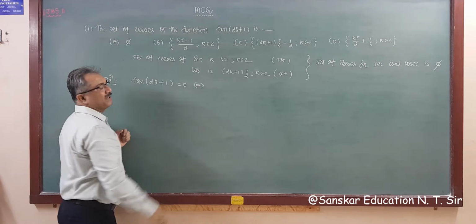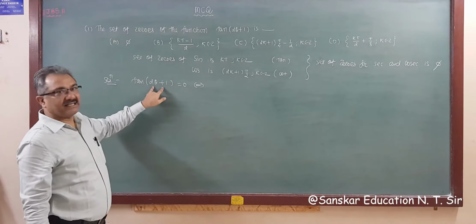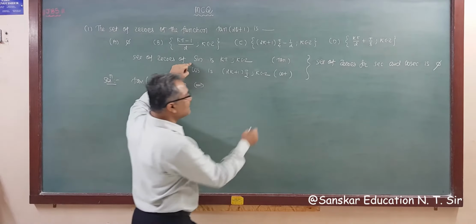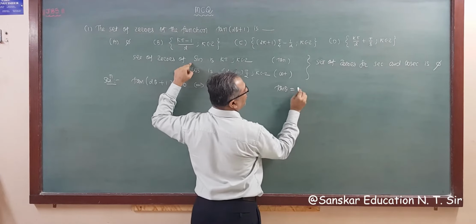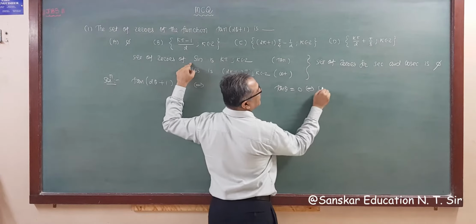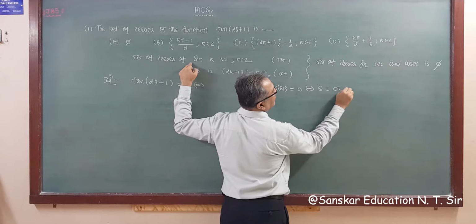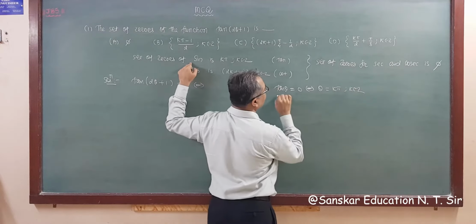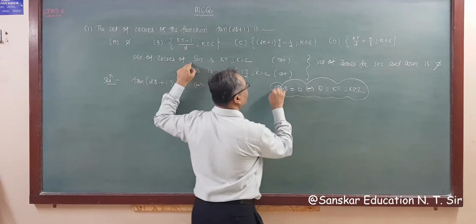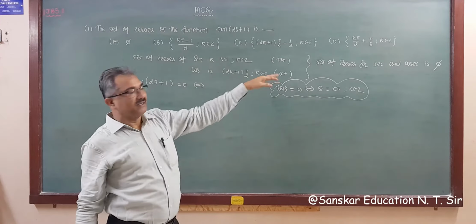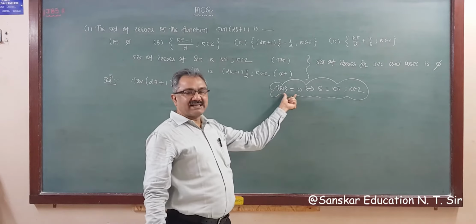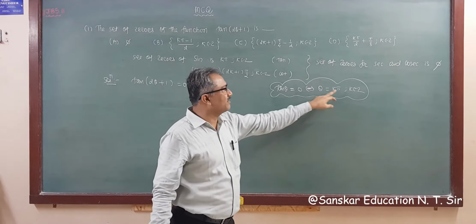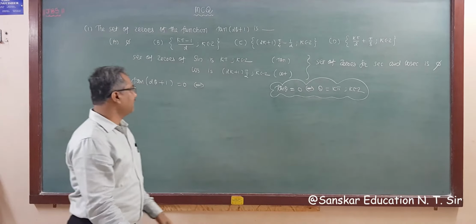If sin x is equal to 0 then x is equal to k pi; similarly tan theta is equal to 0 implies theta is equal to k pi, k belongs to Z. This is the formula, but I wrote it in words as set of zeros for sine is k pi, right? Instead of that you can write like this: sin theta is equal to 0 implies theta is equal to k pi, k belongs to Z, right?